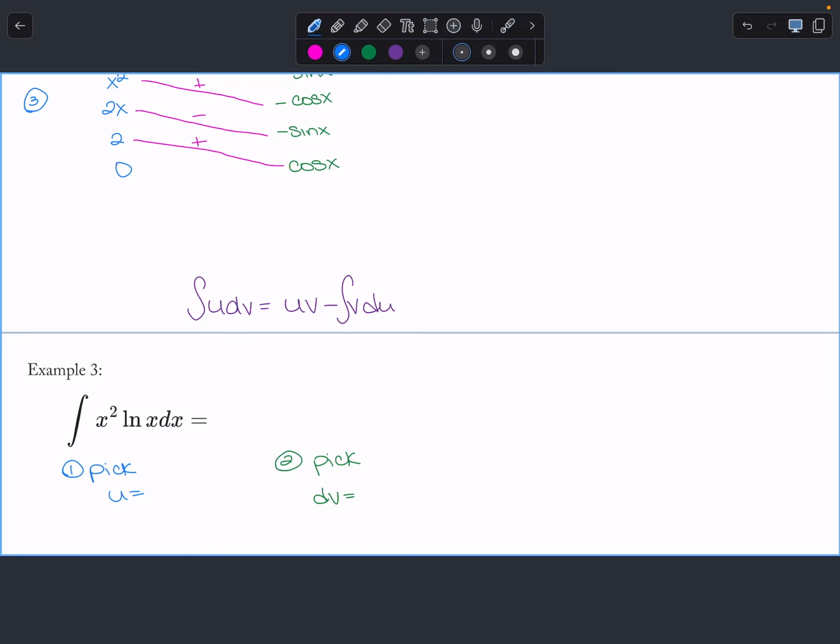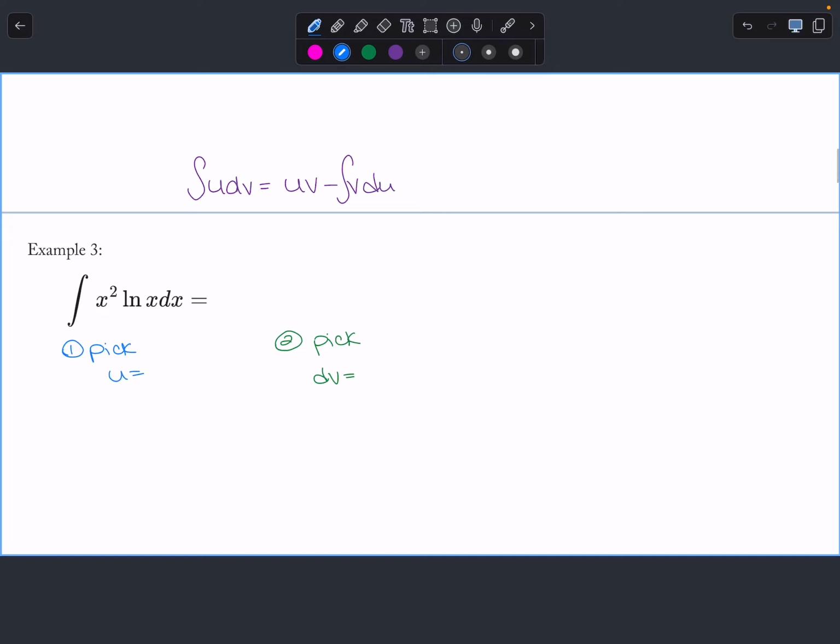So if I let u be equal to ln of x, then I can pick my dv to be x squared dx.